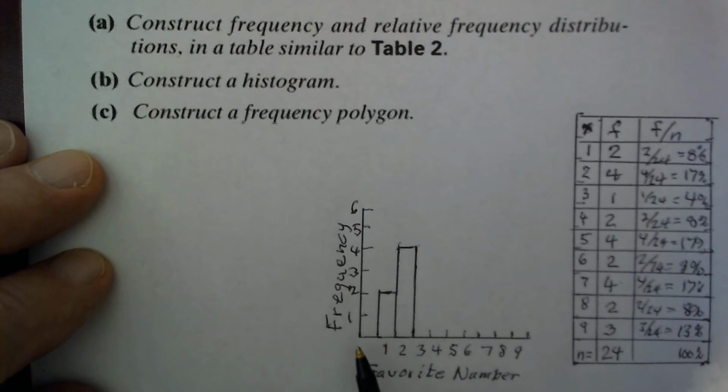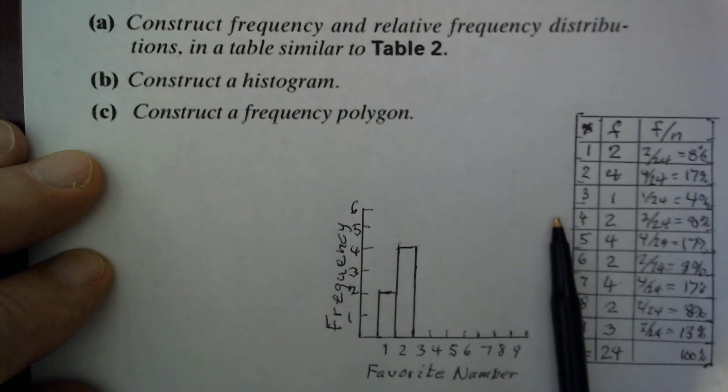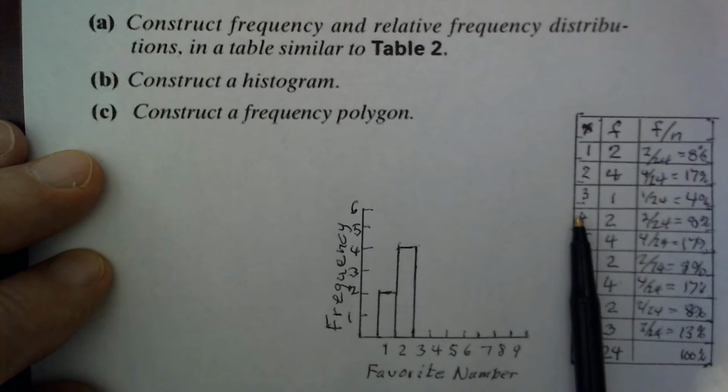So it's very common to have the frequency on the vertical axis, and you could also have the relative frequency on the vertical axis. In fact, what you see in some histograms is that you have the data values on the horizontal axis, and on one side you have the frequency, and on the right side, on the vertical axis, you have the relative frequency, or vice versa.